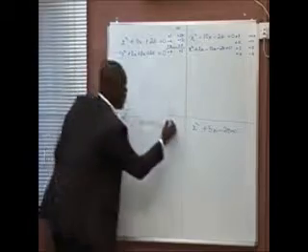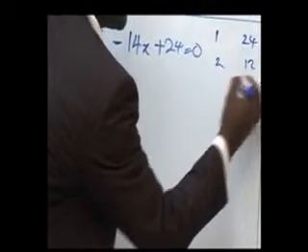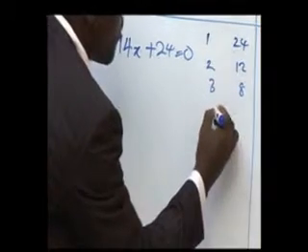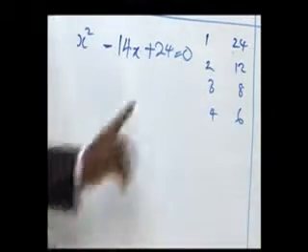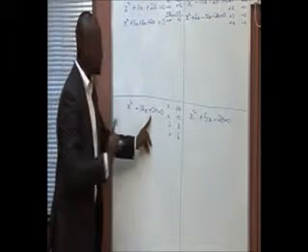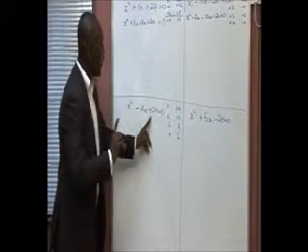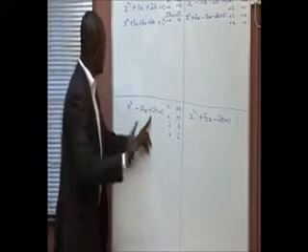Apply the same pattern to these two. Again, 24. Without wasting too much time, we pick out our factors. What do we have here? This is positive. What does it tell us? Both of them must have the same sign. That is, either they are both positive or they are both negative.